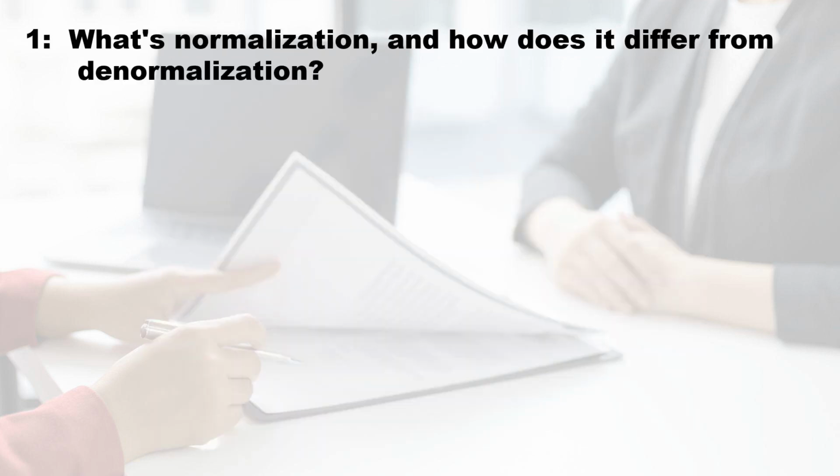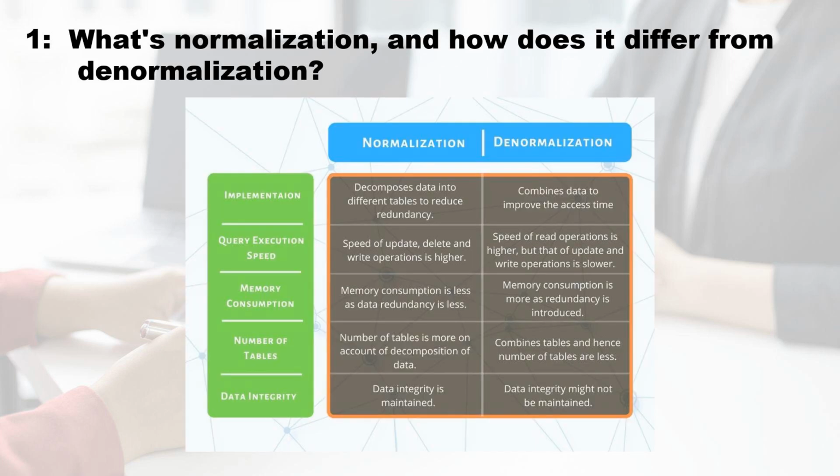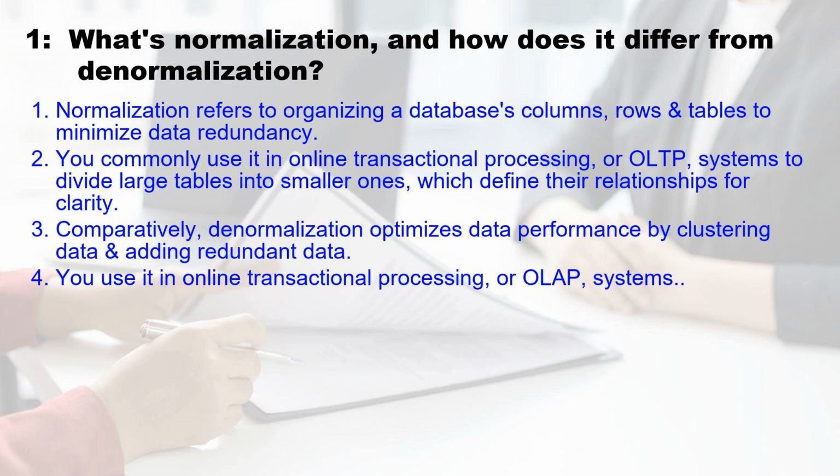Number 1. What's normalization, and how does it differ from denormalization? Normalization refers to organizing a database's columns, rows, and tables to minimize data redundancy.